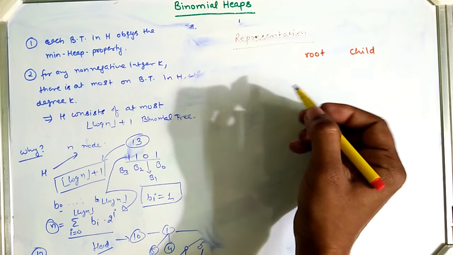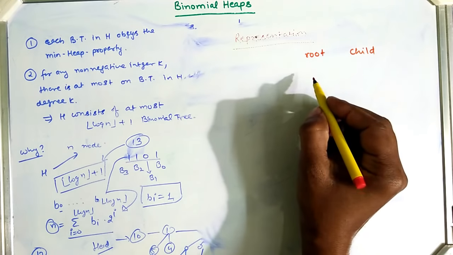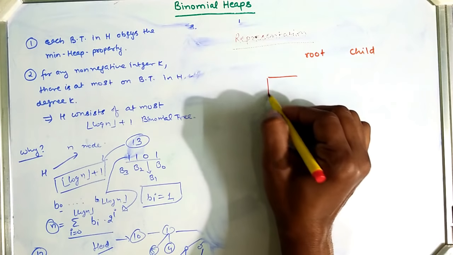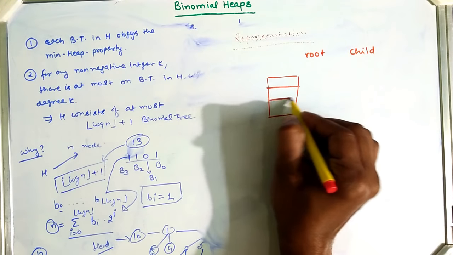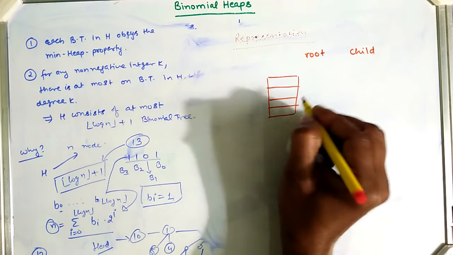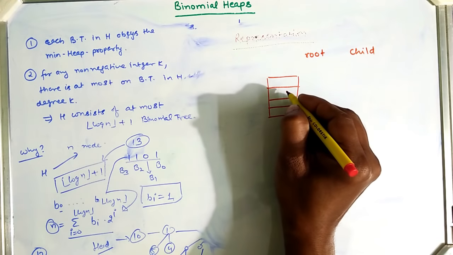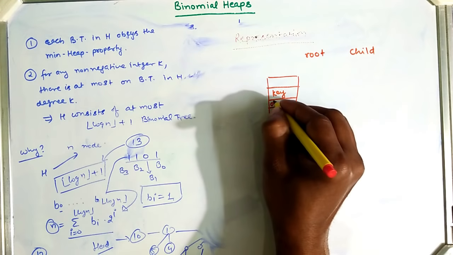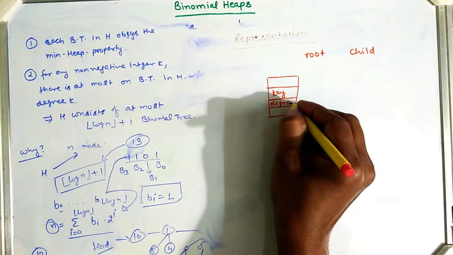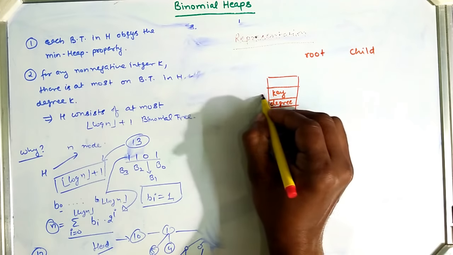If your node is a child, it will look like this. It contains the key value and the degree of this node, so these are two integer fields.